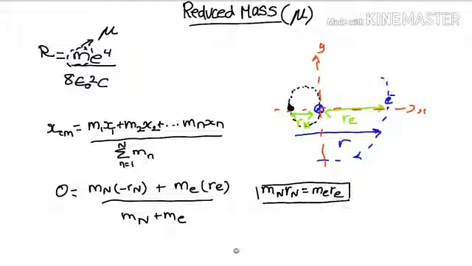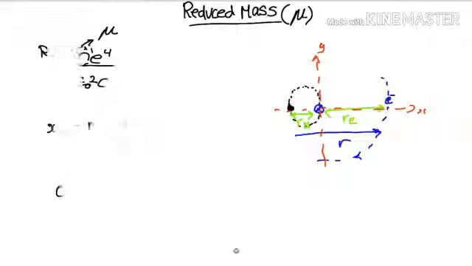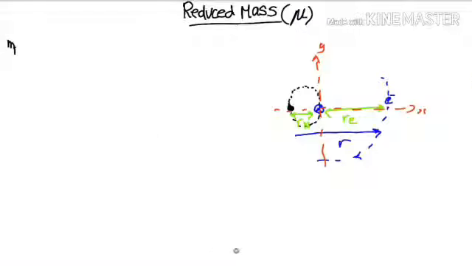Using this information, first of all, we're going to erase this, and we're writing mn rn is equal to me re.